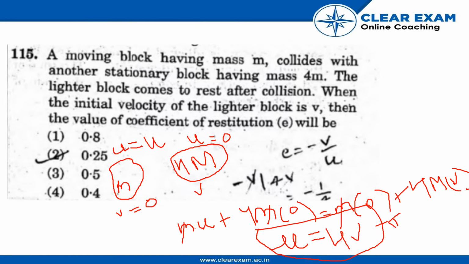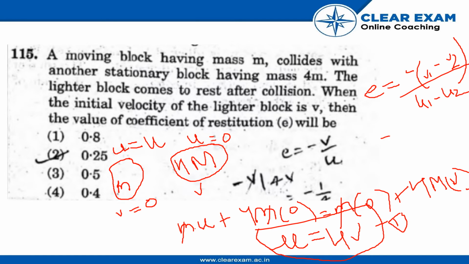Now we move to finding the e value. We know the formula of the coefficient of restitution. It is minus (v1 minus v2) upon (u1 minus u2).